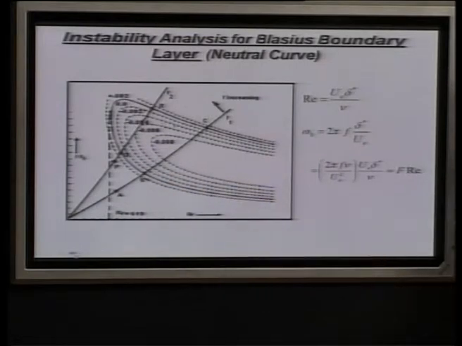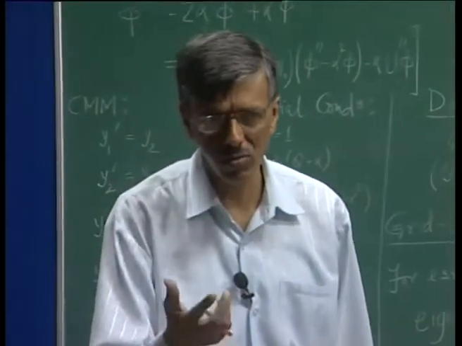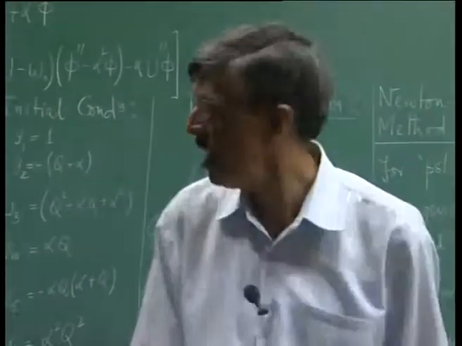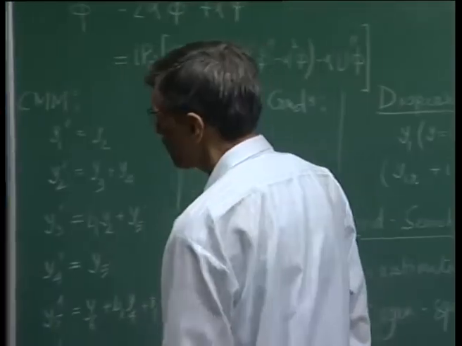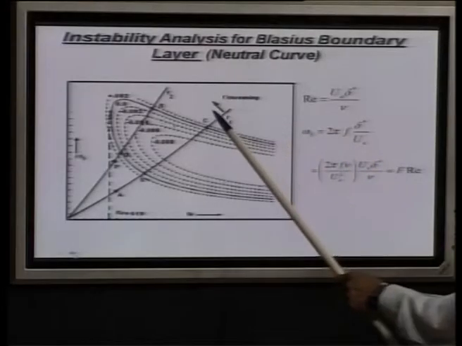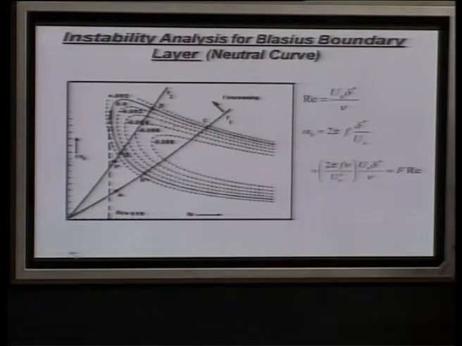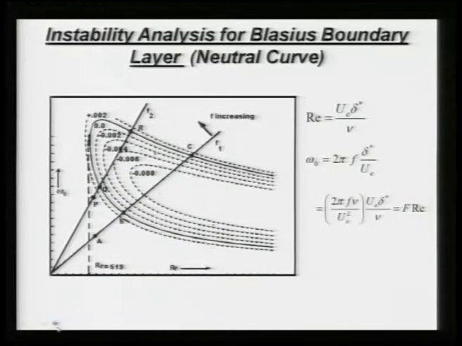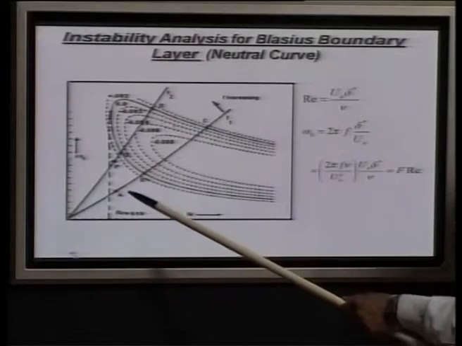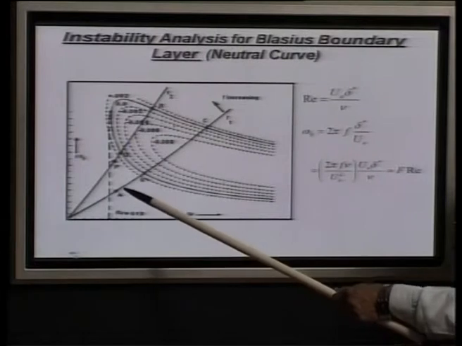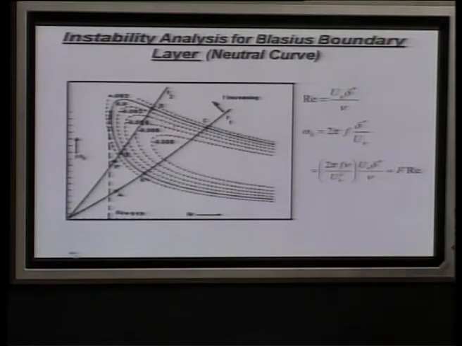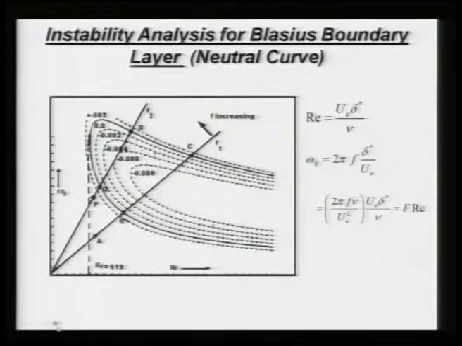Inside, alpha I is negative. So, that means what? That region corresponds to instability. Whereas outside the neutral curve you have a stable region. Now, you see what happens. Suppose I start off from a point A. At this point A, I try to track a frequency corresponding to f1.